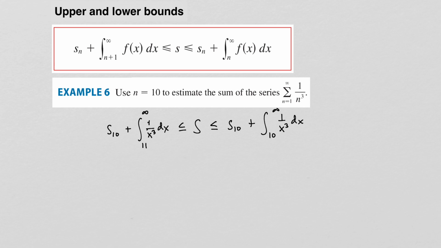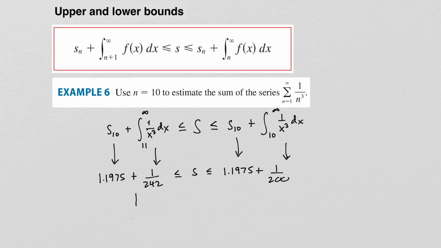Now, we just computed the values of these integrals on the previous page, and we also know the value of S10. So we have 1.1975 plus the integral from 11 to infinity was 1 divided by 242, less than or equal to S, less than or equal to 1.1975, plus 1 over 200.